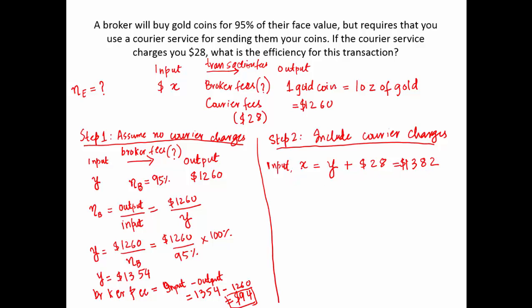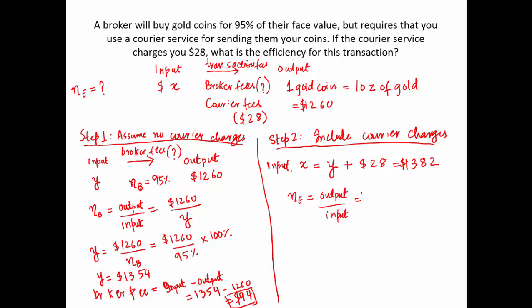So that's our overall input, making no assumptions regarding the courier fees. So now we know our overall input, we know we have our output, and we can determine our overall efficiency. So our efficiency, again, in this case, is output over input.